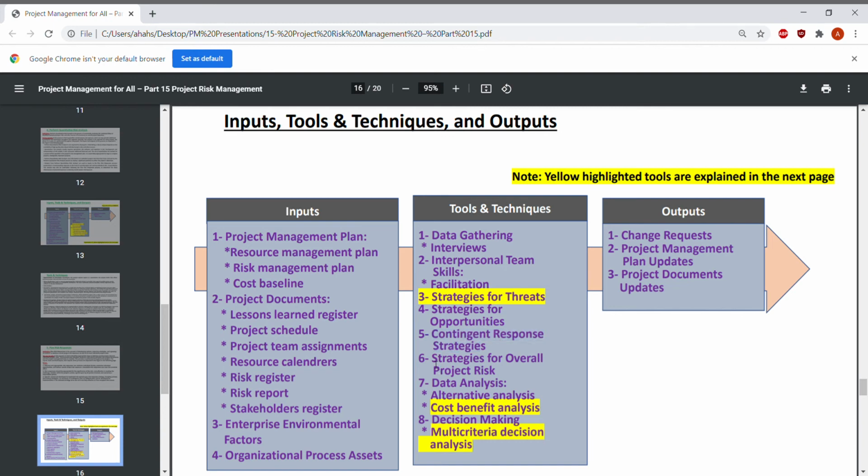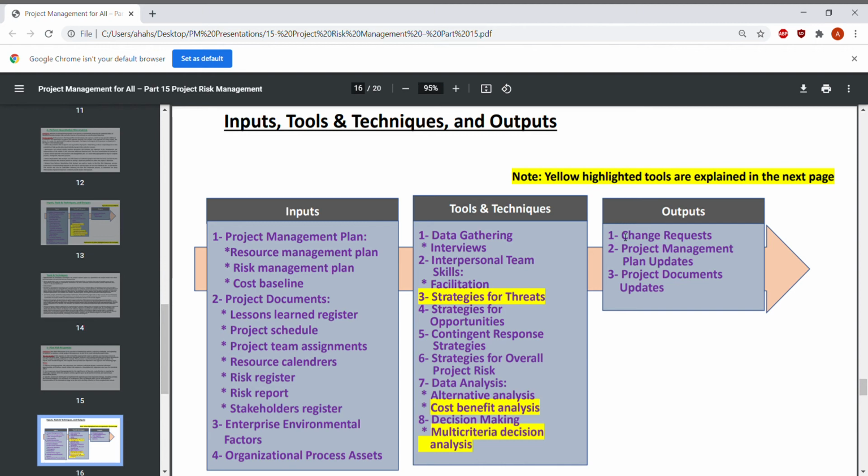And the sixth one is strategies for overall project risk, and the data analysis, alternative analysis, cost benefit analysis, and decision making. Decision making may include multi-criteria decision analysis. And I will talk about these highlighted in yellow in the next section.